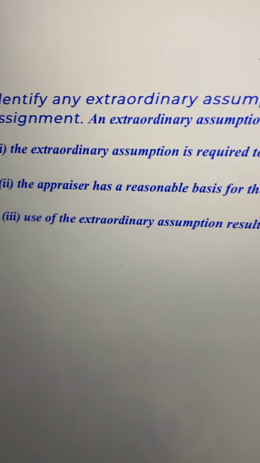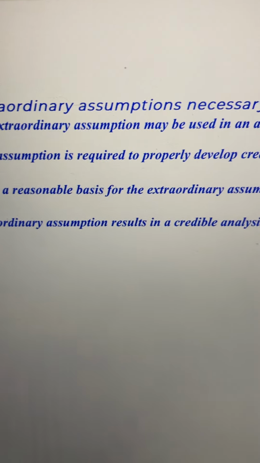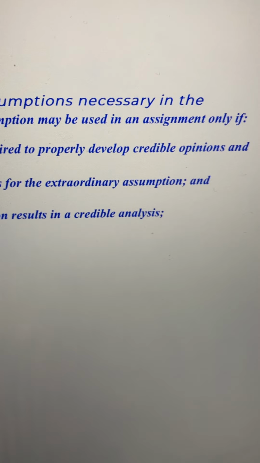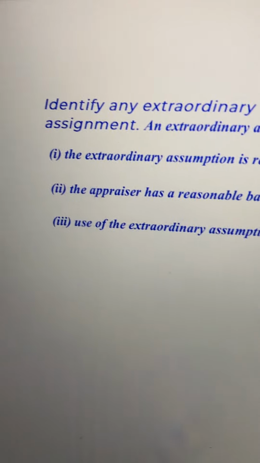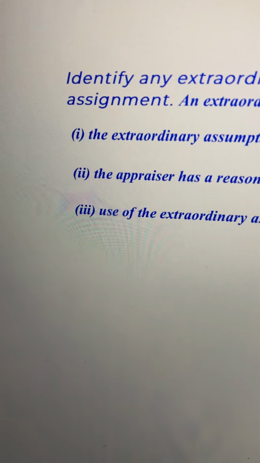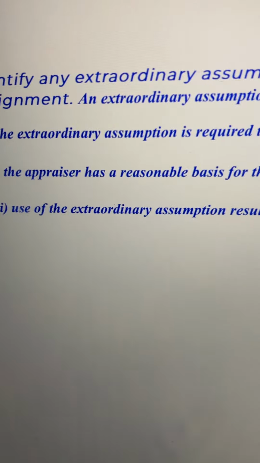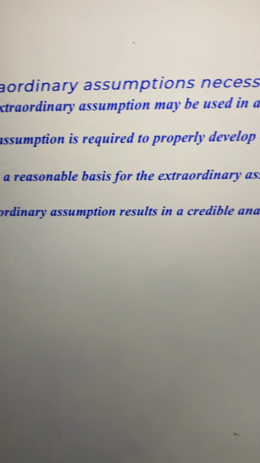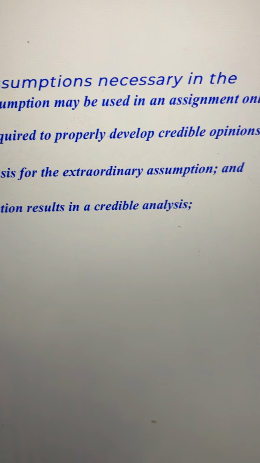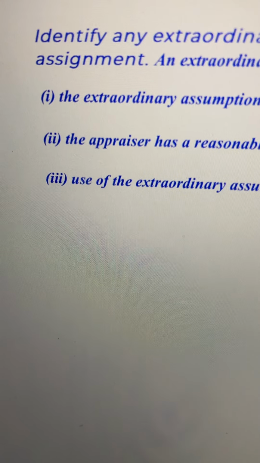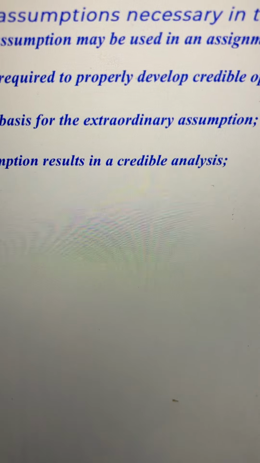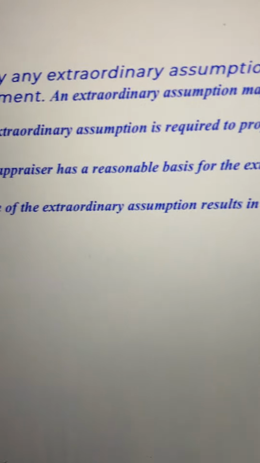The extraordinary assumption is required to properly develop credible opinions and conclusions. Roman numeral 2. The appraiser has a reasonable basis for the extraordinary assumption. And Roman numeral 3. Use of the extraordinary assumption results in a credible analysis.